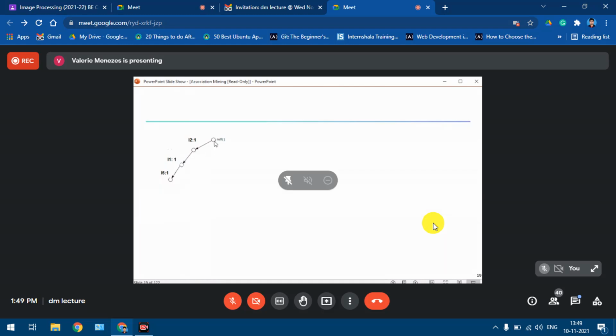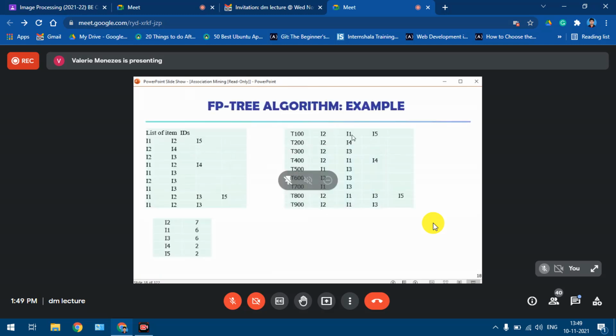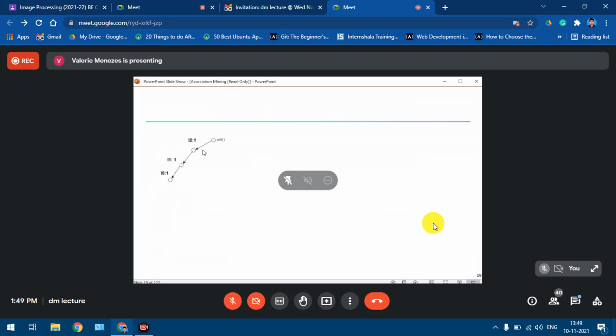Okay. So we create a root node, and from the root node we create a branch where each node represents the items in that transaction. So what was it? It was I2, I1, I5. So we create a branch I2, I1, I5. Now students, how many times have we traversed through each node? Each node represents an item.